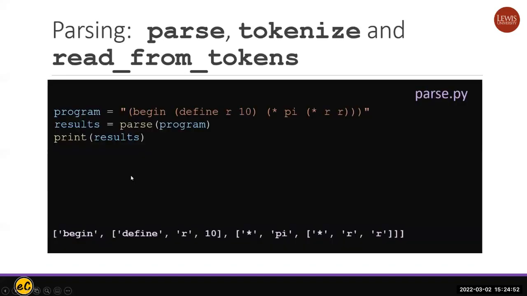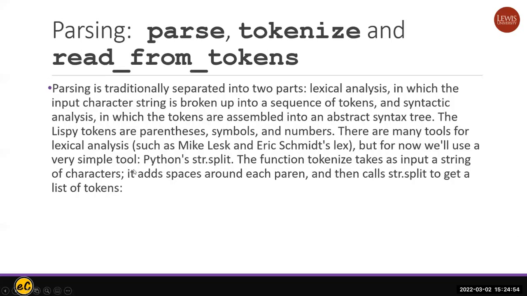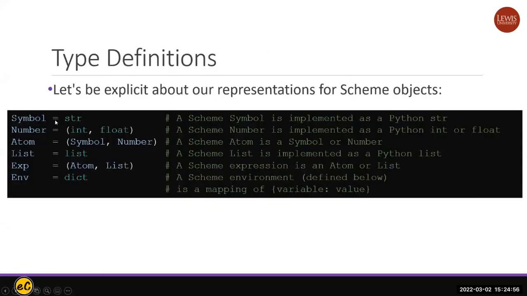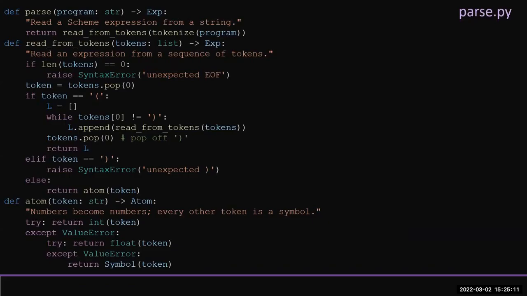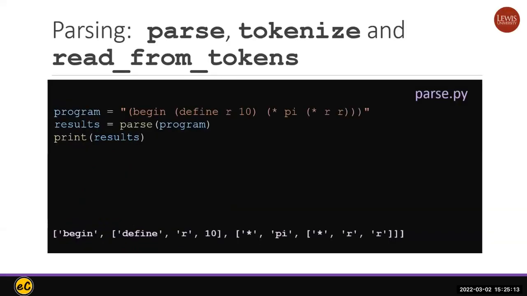Our Lisp programming language has string, integer, float, and then atom, list, environment, and expression. And finally, the environment is the collection of the total bindings of variable names or function names to values.